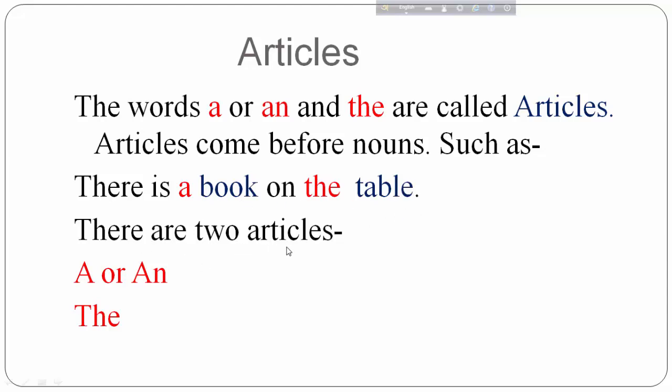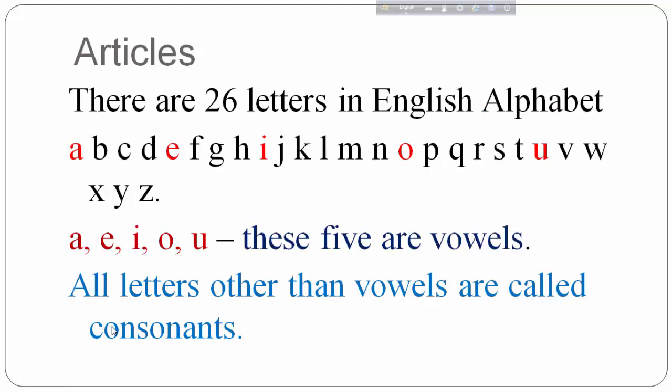There are two articles, a or an and the. There are 26 letters in the English alphabet. A, E, I, O, U: these 5 are vowels.